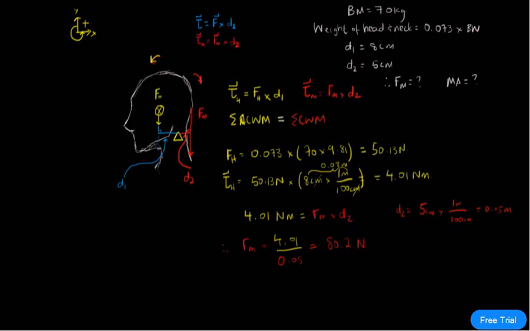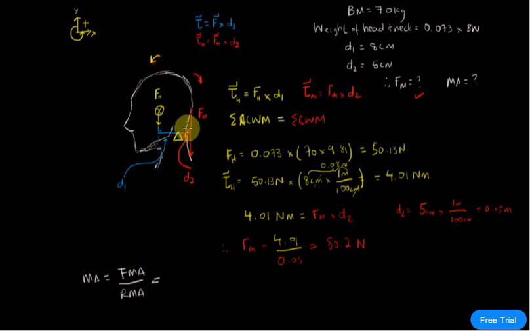Okay, so I've solved for the muscular force. I want to find out what the mechanical advantage of the system is. Now remember, by definition, mechanical advantage refers to the force moment arm divided by the resistance moment arm.